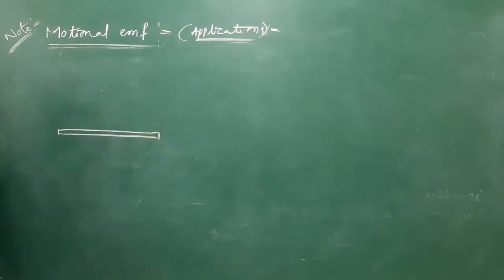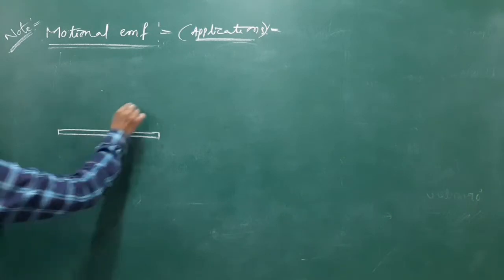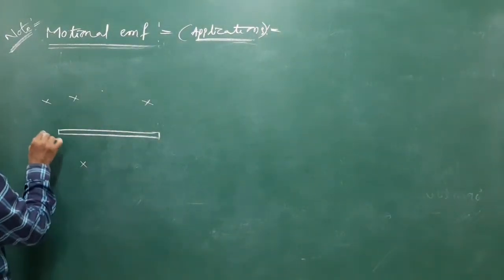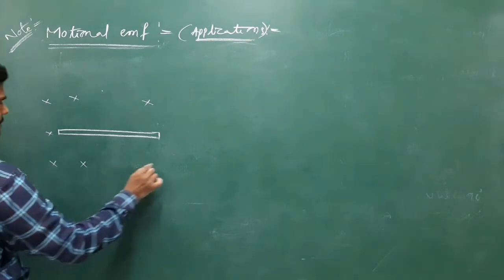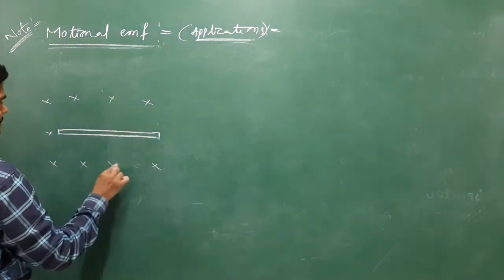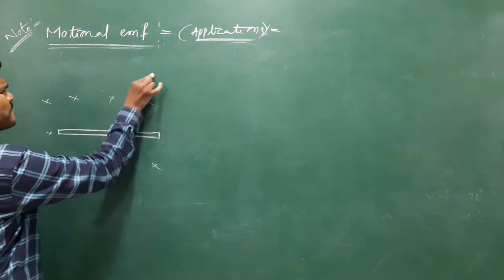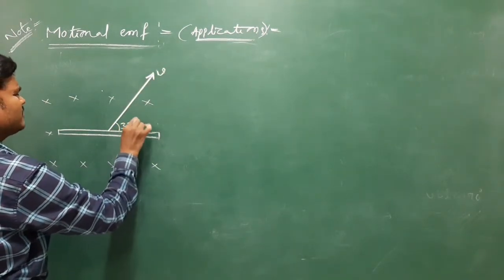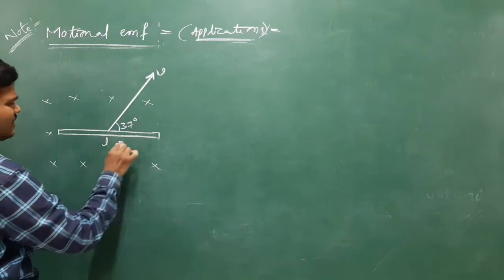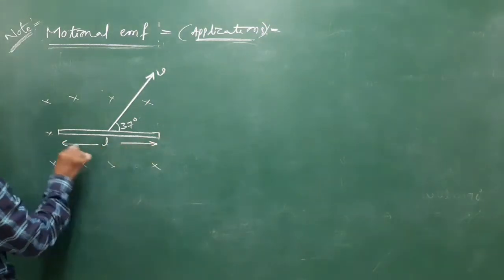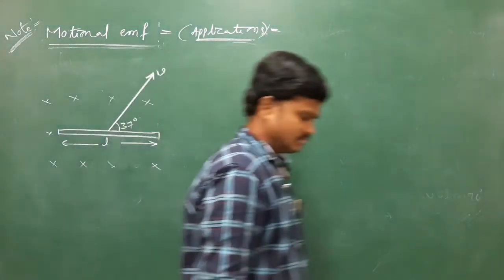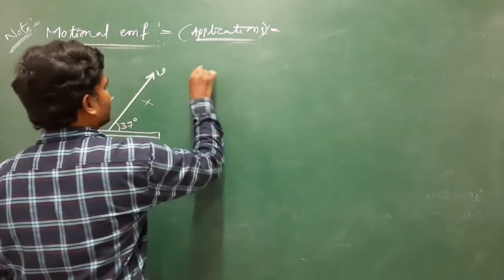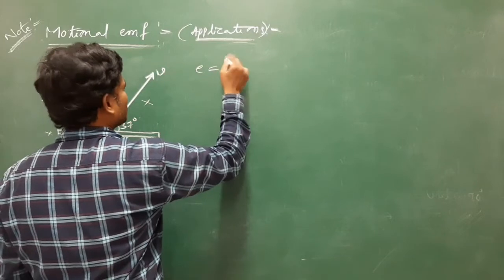Field is, let us take, into the board. Rod moves with a speed V by making some 37 degrees. This is L. Try to get this one.